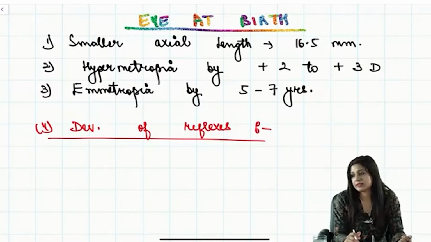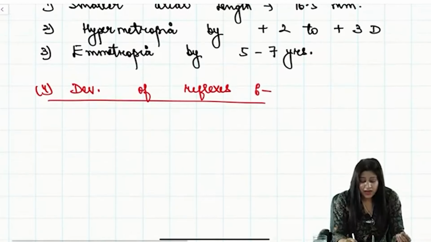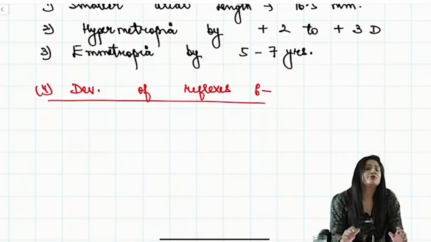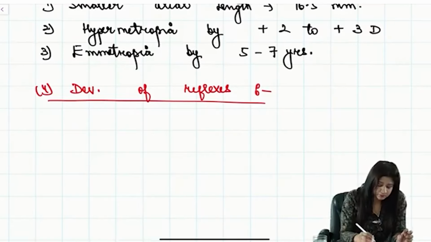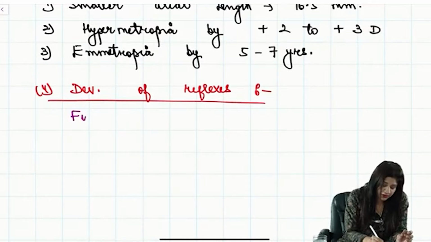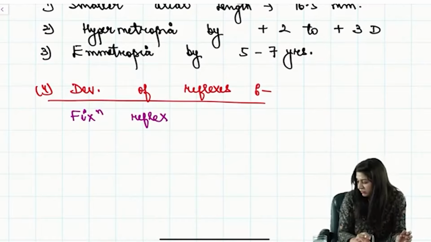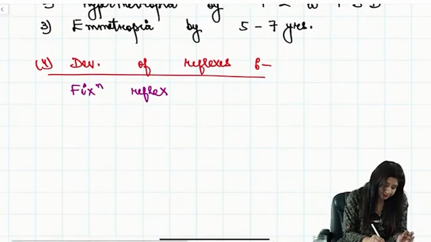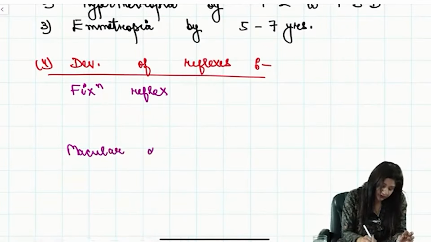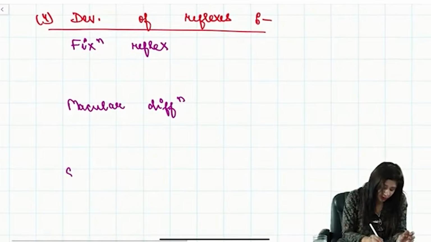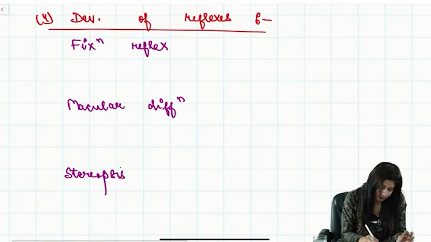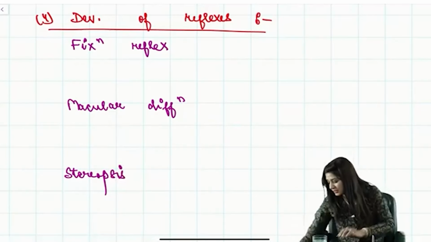Eye is also just like the body. तो we have the development of certain reflexes, जिसमें we have the fixation reflex, then macular differentiation, and third is the stereopsis. These are the three reflexes.